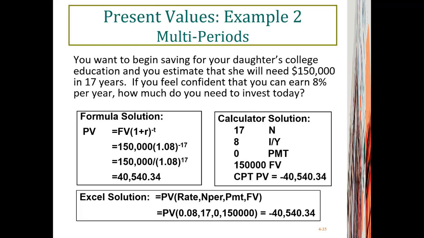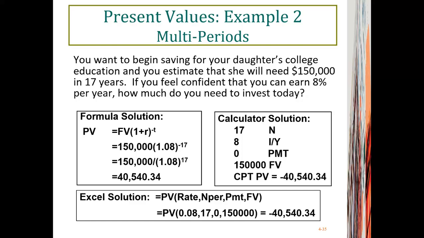This example showed you that in order to have a large amount of cash in the future, you need to save. If you save and invest consistently, it can generate a larger amount of money for your future. Today you invest $40,000, and 17 years later you will get $150,000.